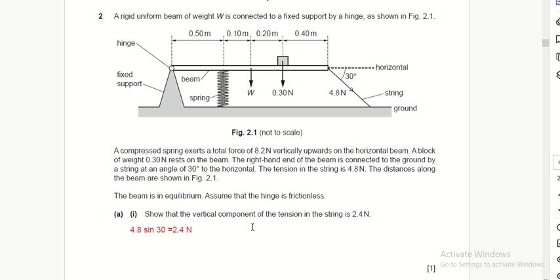Show that the vertical component of tension is 2.4. Here is the tension force. Analyzing it in horizontal and vertical directions means 4.2 sine theta, because the vertical component here has the angle of 30.